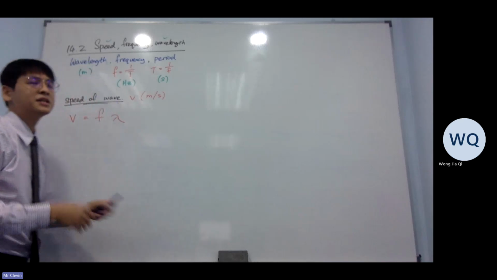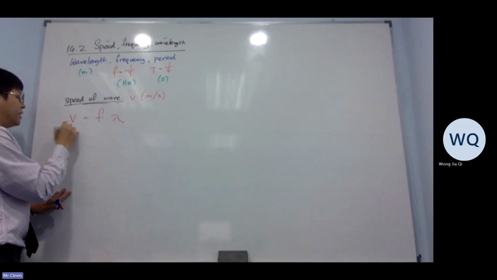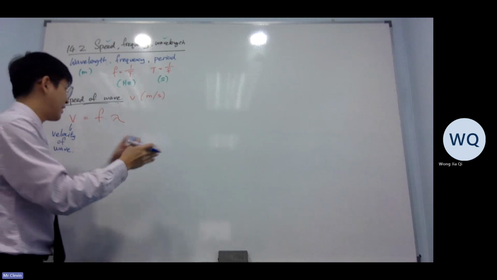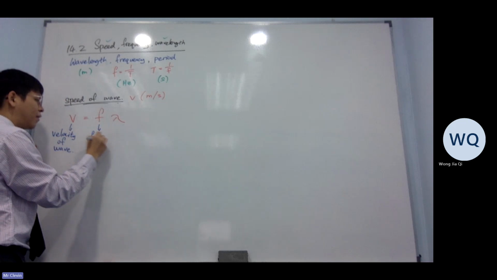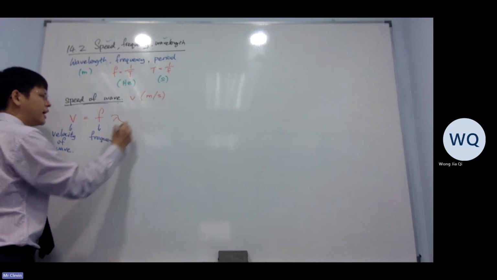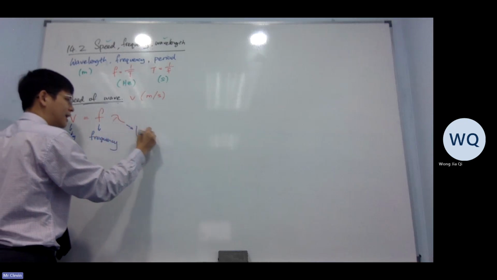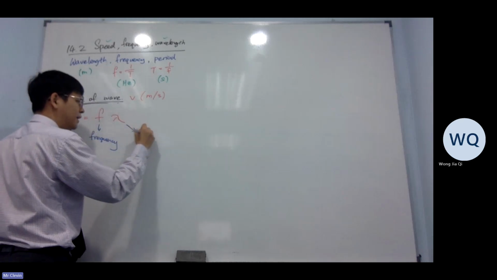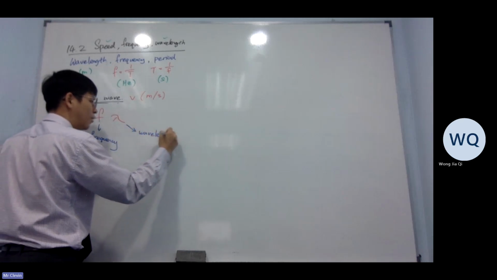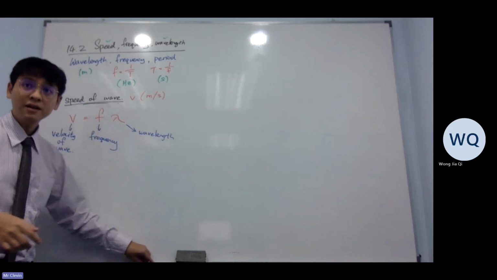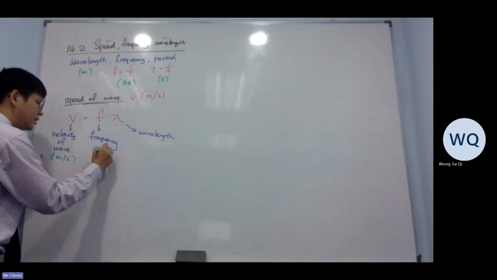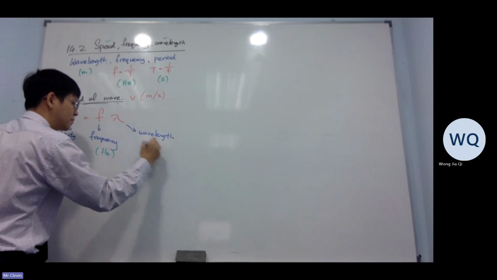This is the formula that we will be using all the time. V stands for the velocity of the wave, because we know a wave has a specific direction. F stands for our frequency, and this is lambda, which represents our wavelength. The units are meter per second, hertz, and meter.